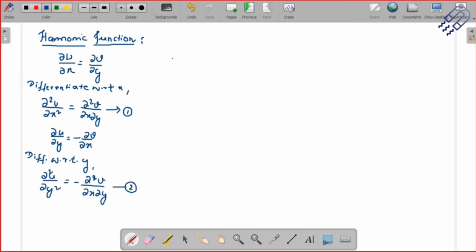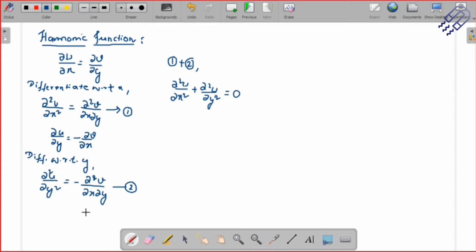So now if we just add up 1 plus 2, we're going to get this Laplace equation. Del square u del x square plus del square u del y square is equal to 0, right?